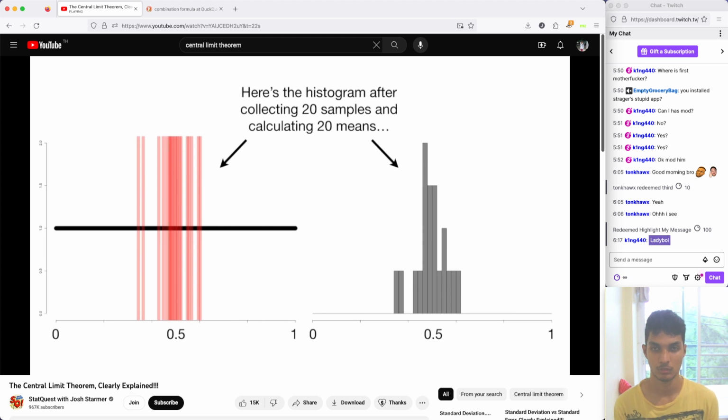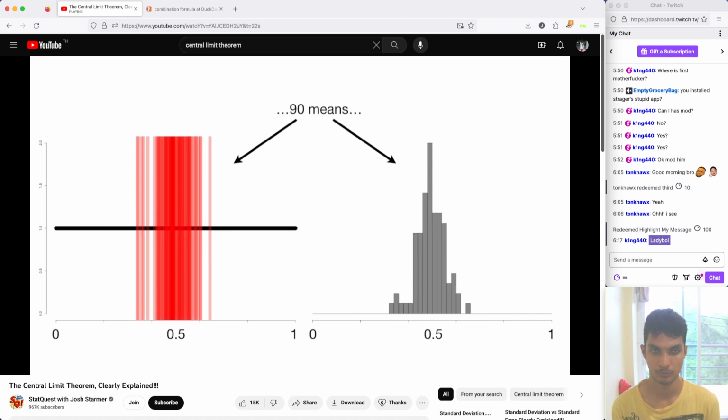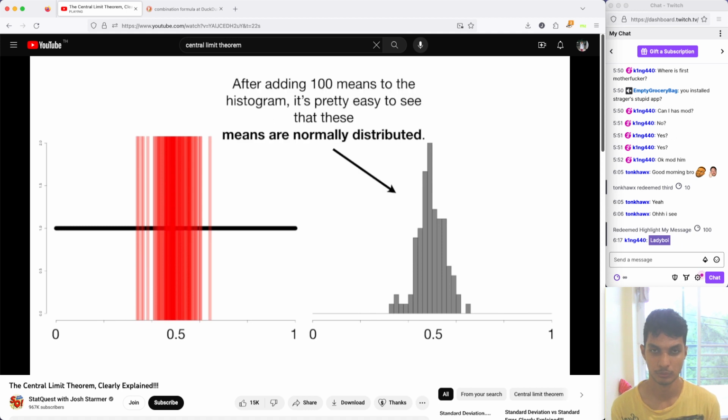Here's the histogram after collecting 20 samples and calculating 20 means. 30 means, 40 means, 50 means, 60 means, 70 means, 80 means, 90 means, and 100 means. After adding 100 means to the histogram, it's pretty easy to see that these means are normally distributed.